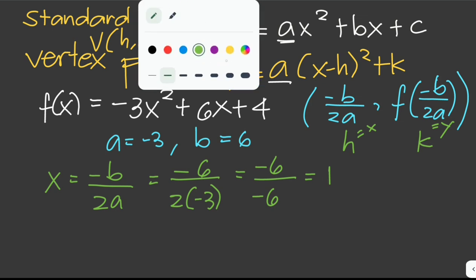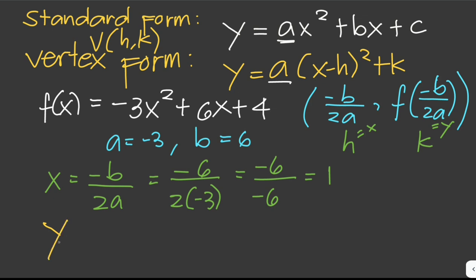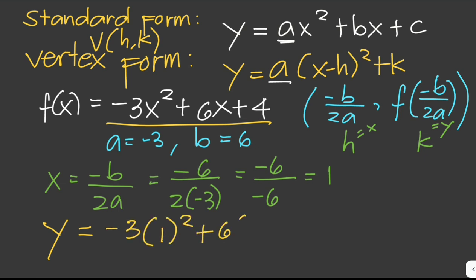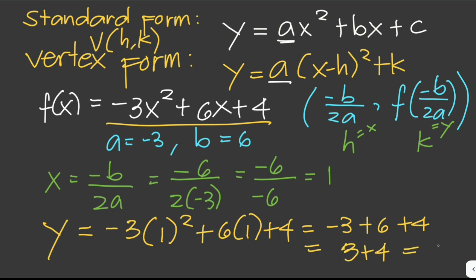And for y, it is f of negative b over 2a. So we plug in the value of x to the function. That would be negative 3 times 1 squared plus 6 times 1 plus 4. So this is negative 3 plus 6 plus 4, which is just negative 3 plus 6 is positive 3 plus 4, and this is equivalent to 7.